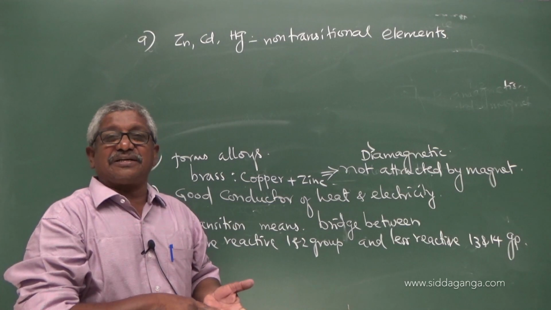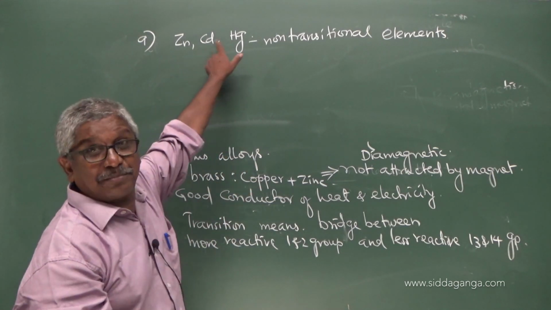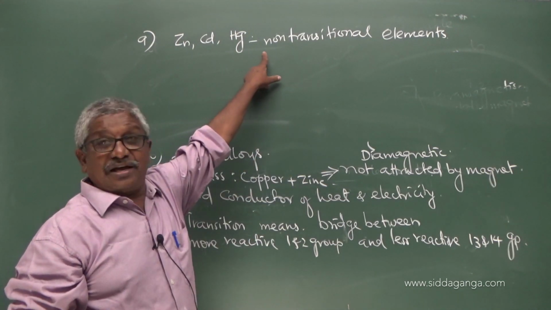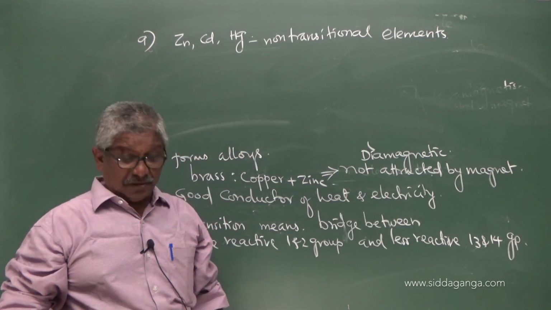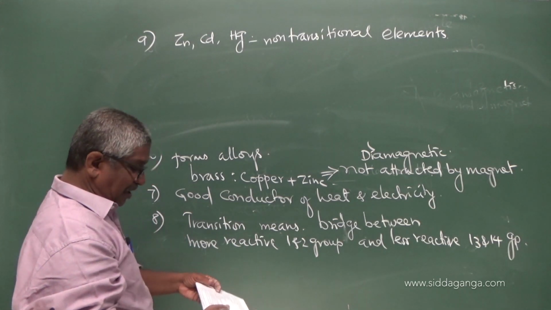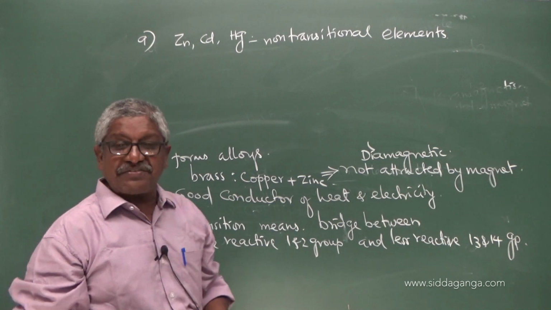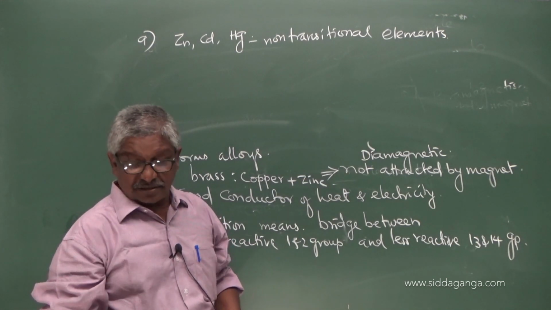Due to this reason, zinc, cadmium and mercury, available in the 12th group, are considered as non-transitional elements. The d block elements are transitional elements and a bridge between the more reactive elements and the less reactive elements.